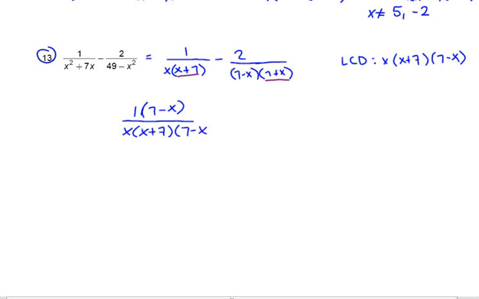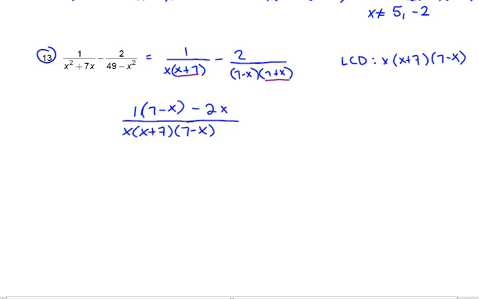And if you want, you can go straight to writing it all over a common denominator. This guy, what is he missing? Just the x. Instead of writing this all out, let's go straight to that. Okay, so on the numerator we can simplify this. We have 7 minus x minus 2x.